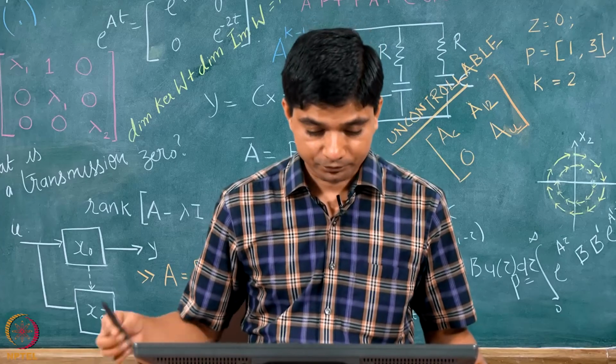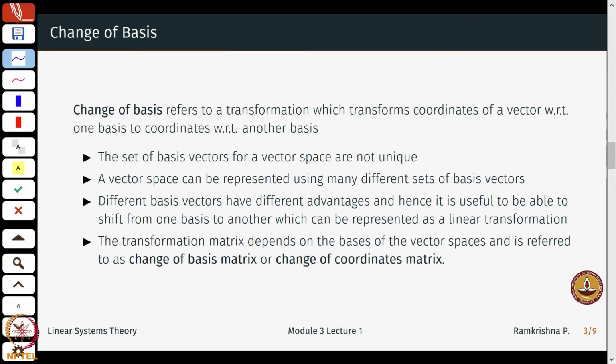Okay, so what is a change of basis? It refers to a transformation which transforms coordinates of a vector from one basis to another basis. Okay, so transformation, I am talking of linear spaces, and this transformation therefore essentially will look like a matrix. And why is this important?